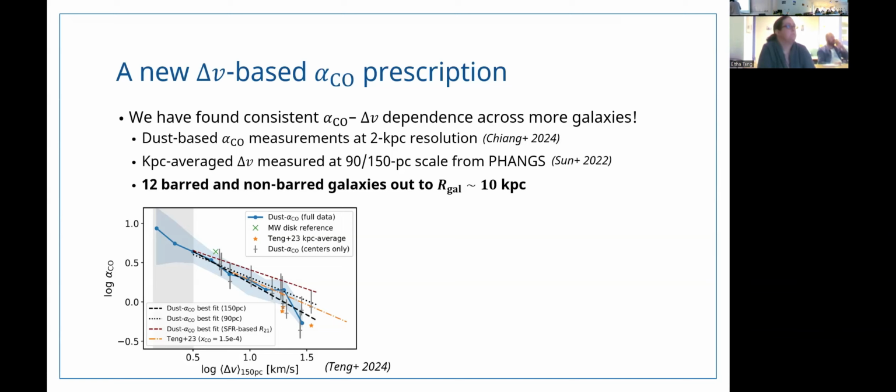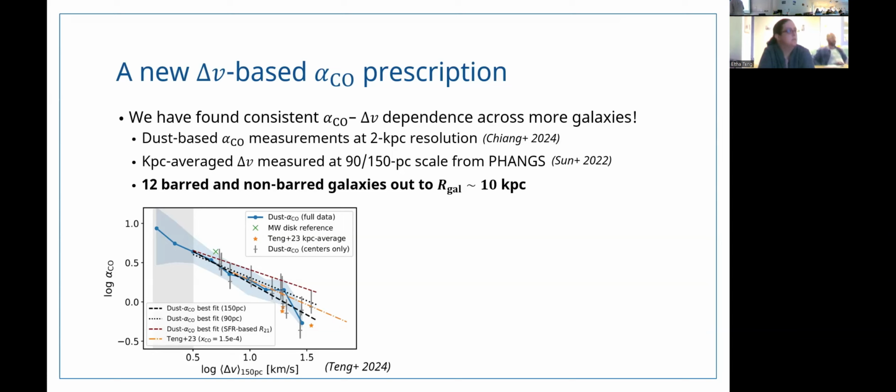So here you can see the data in blue is showing recent dust-based alpha CO measurements at 2 kiloparsec resolution. And it is correlated with the 150 parsec scale velocity dispersion measured from the PHANGS data sets. And so this whole data covers 12 barred and non-barred galaxies out to a galactocentric radius of 10 kiloparsec.